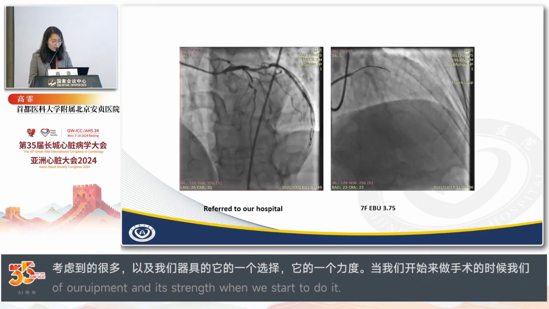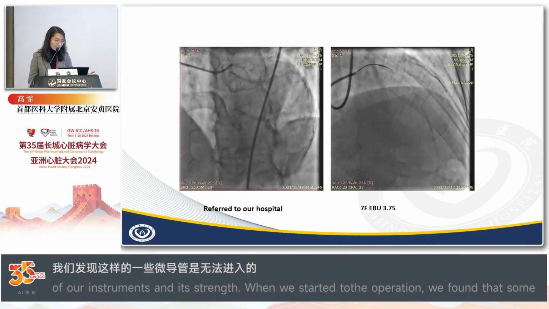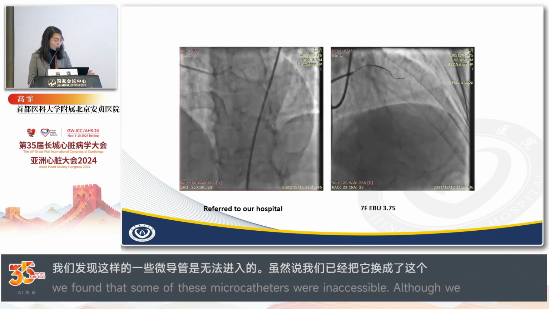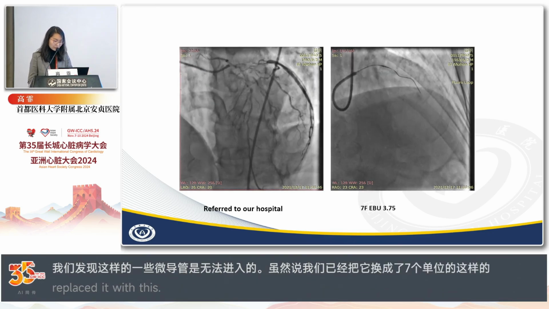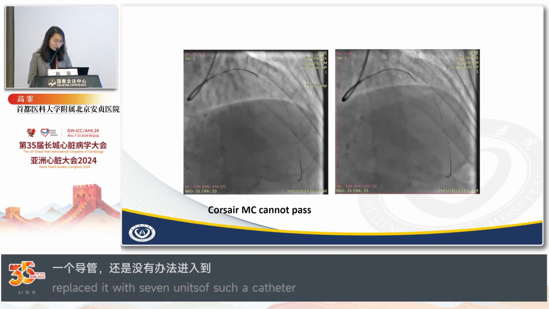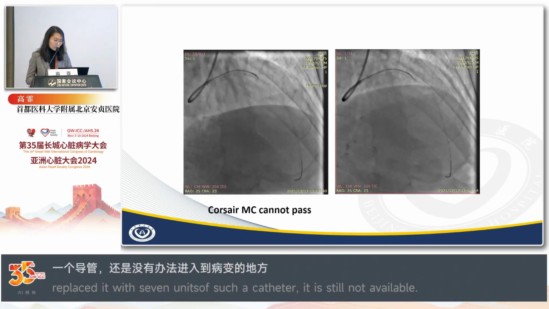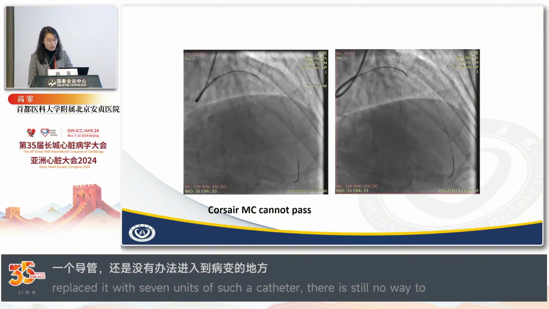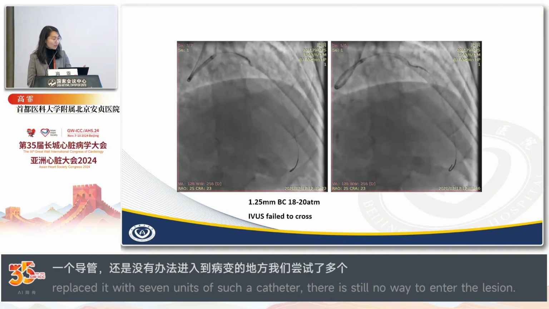Even when we exchanged to a 7 French EBU guiding catheter, the Corsair microcatheter could not cross the lesion. We tried multiple attempts, still not crossing. Then we used an extension.